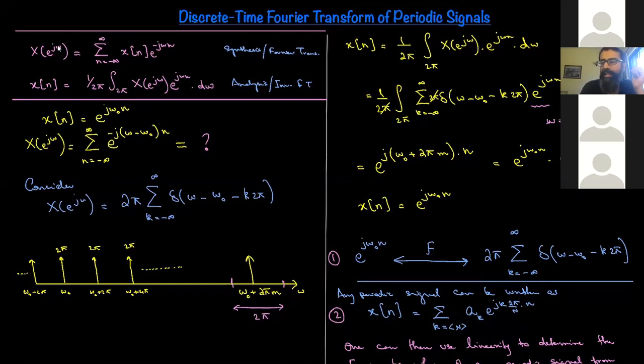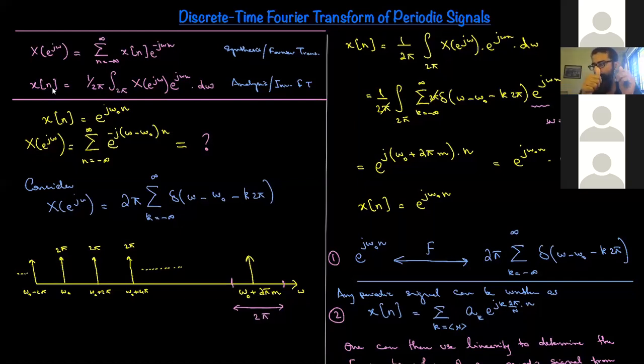This omega is a continuous variable. Right? It's a continuous variable from minus infinity to plus infinity. If I want to go back from omega to x of n, I cannot have a summation here. Why would I have a summation here? Right? So because omega is continuous, I have to have an integral. One of the other ways you can think about this is x of n, even though it's discrete time, it's made up of complex exponentials over a continuum of frequencies.